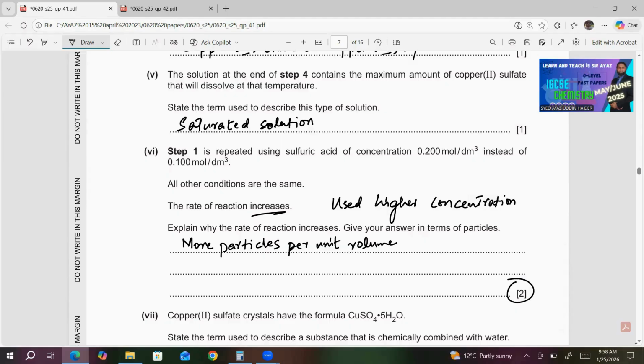Definitely, then you will be having more collisions per unit time.